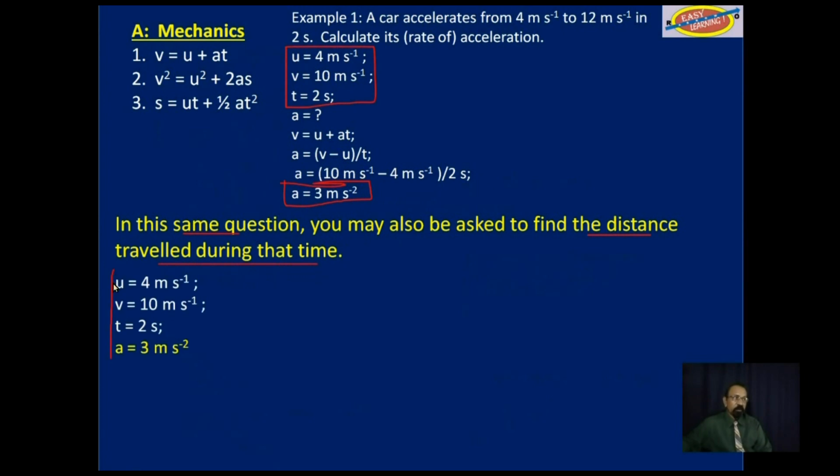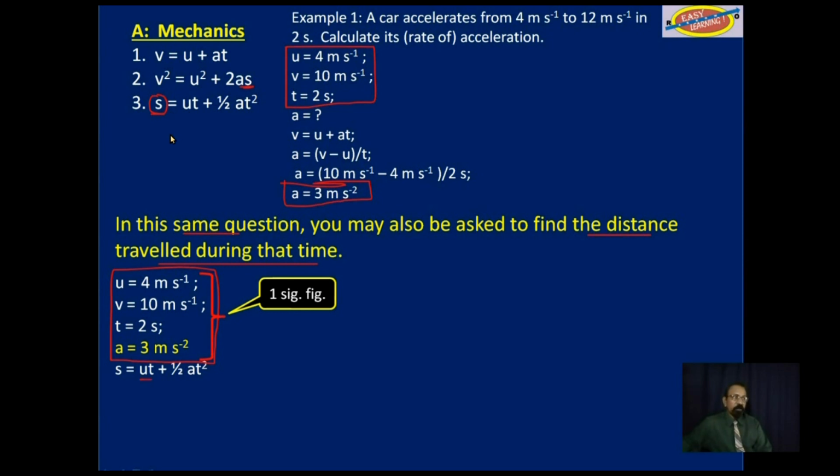So we know these, and we just calculated that last one there in yellow. We want to find the distance. We look at our equations here. 2 equations have S in them, this second one here and this third one here. But since this third one here has S as the subject of the formula, we will use that one.